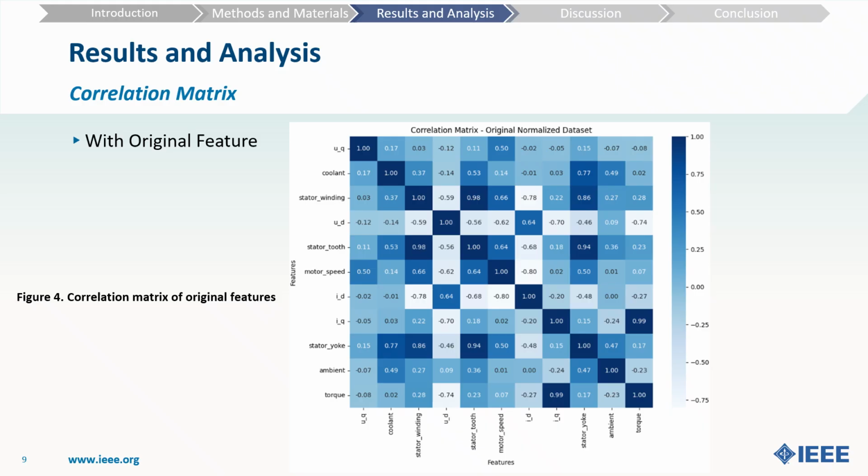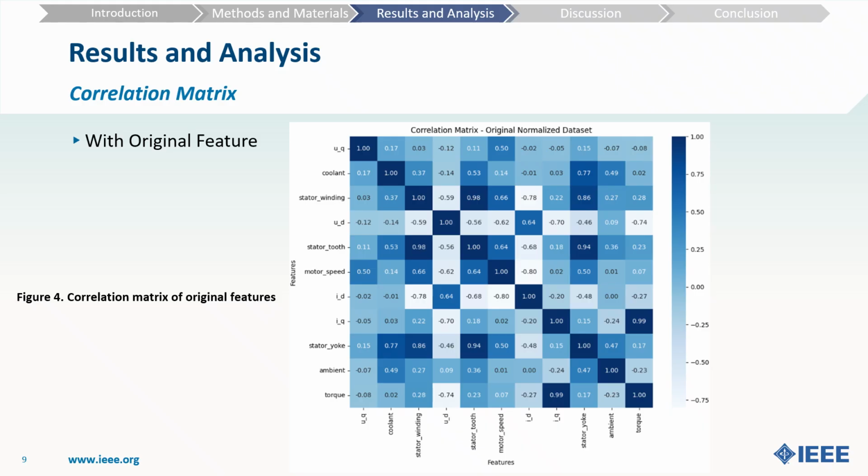In particular, the features stator winding and stator tooth demonstrate an exceptionally high correlation coefficient of 0.99, implying that they provide nearly the same information. Additionally, stator yoke shows a strong correlation with both stator winding and stator tooth, further highlighting the issue of feature redundancy.